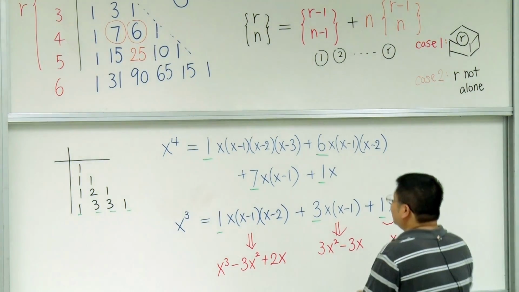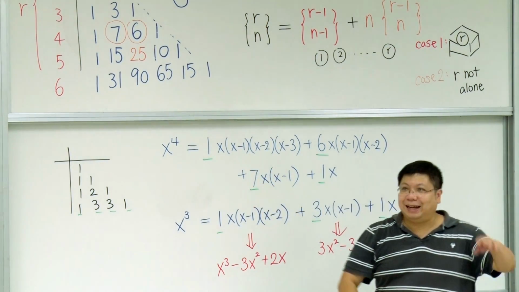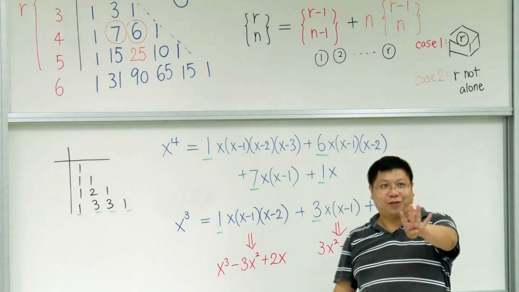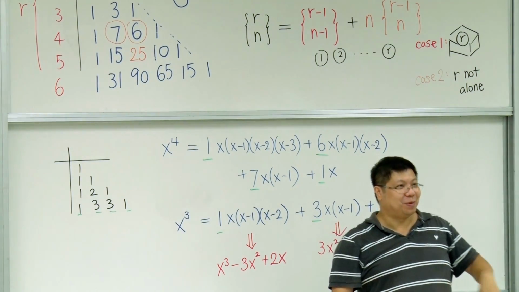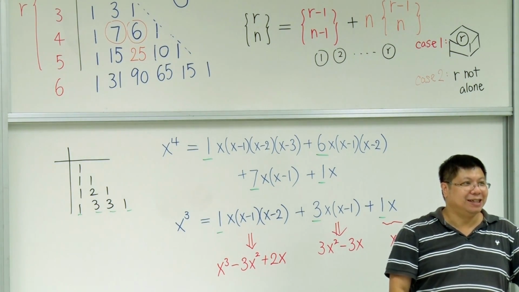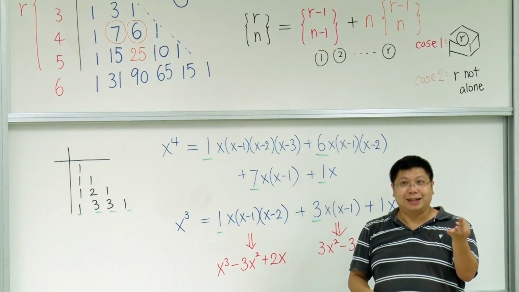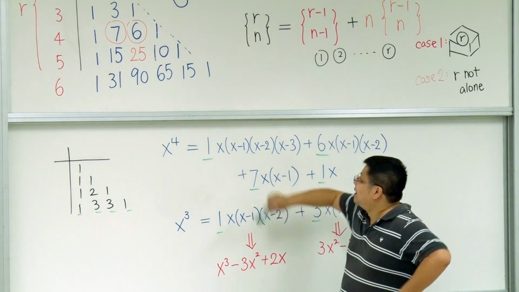Let's double check to see if it is correct. Anyone can explain this? Let's be lazy. Just check the x^4 term, x^3 term, x^2 term, and x term. We can actually check every one.